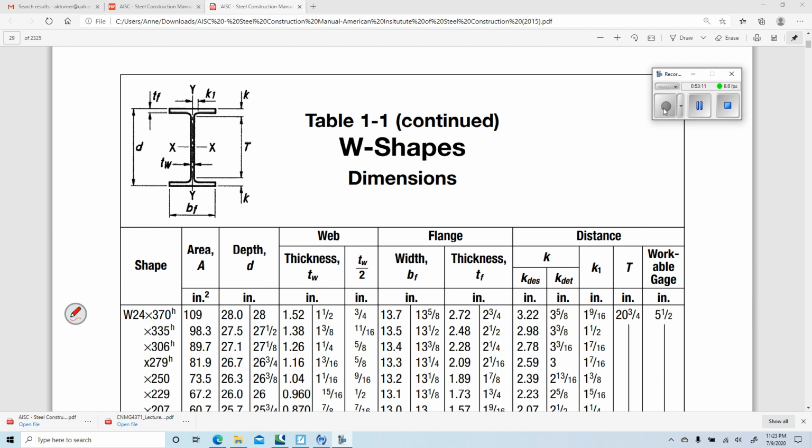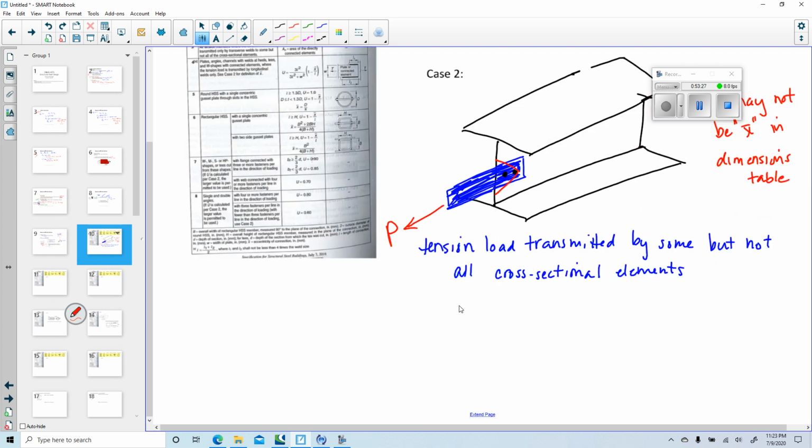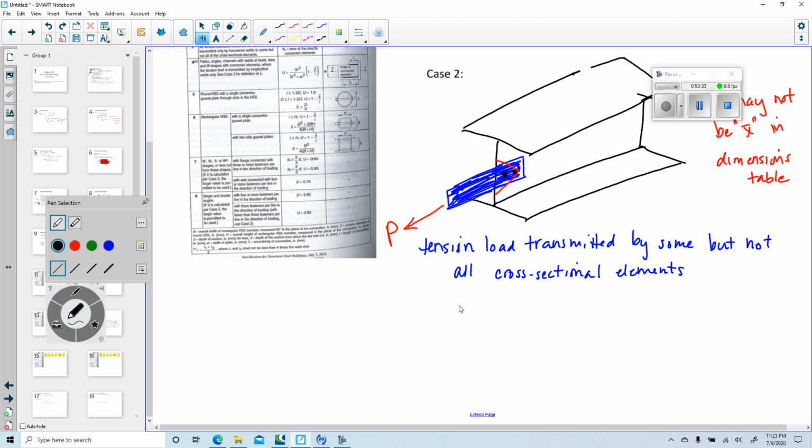Actually, I was getting them mixed up. So, if we're looking at this one, my eccentricity would be, if I'm looking at a cross section, let's see. Let's draw. Where's my little there? There it is. All right.